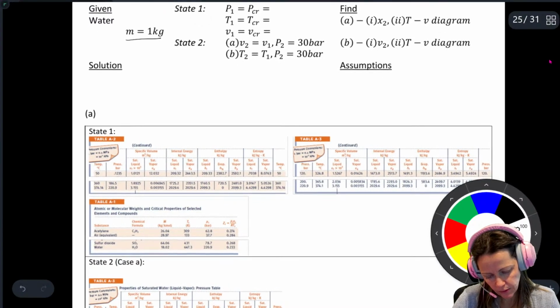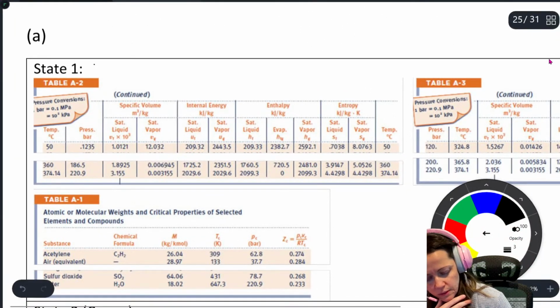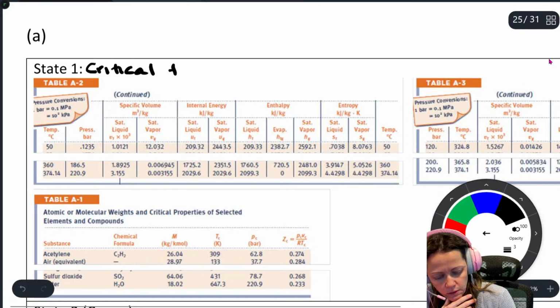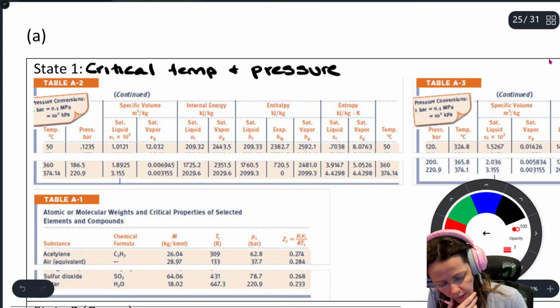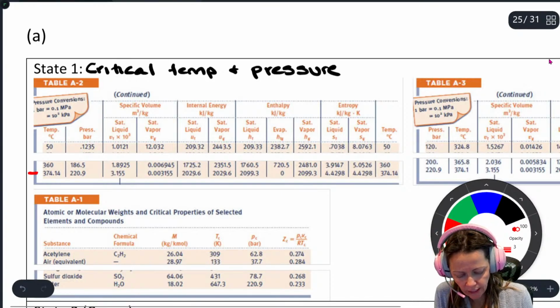So we're looking at the critical temperature and pressure. All right. So at the very bottom of table A2, that's this guy right here.